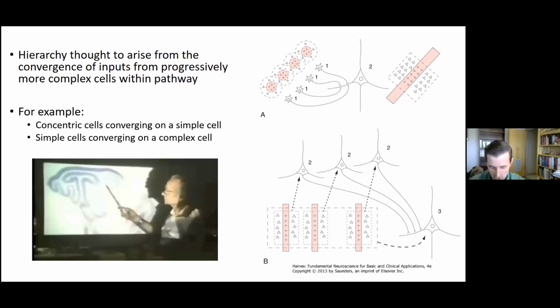And so on your own time, if you're interested, you can watch this video of the experiment where this guy is looking at a cat and what the cat is seeing on a screen. Basically he's got this image of a dot, and he's moving it out of the cat's line of vision.